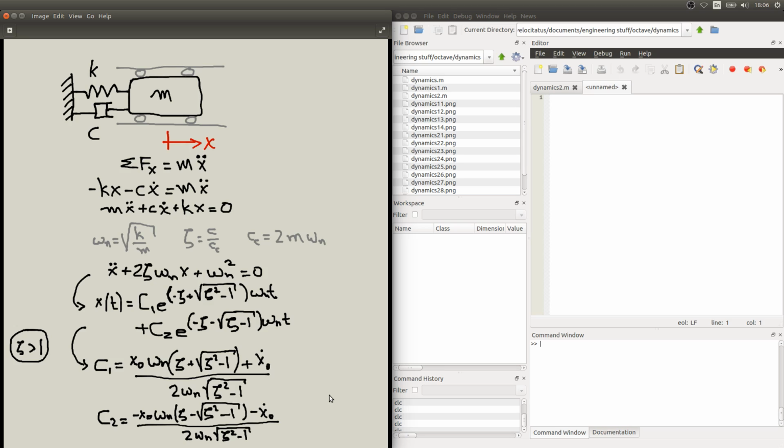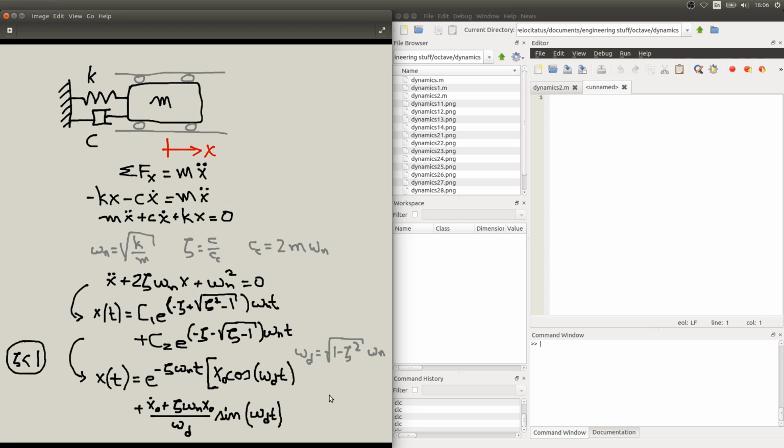So let's go on and start writing these equations into Octave. I will start with the underdamped case, so going back here to this case with zeta less than 1, with the equations as written here.